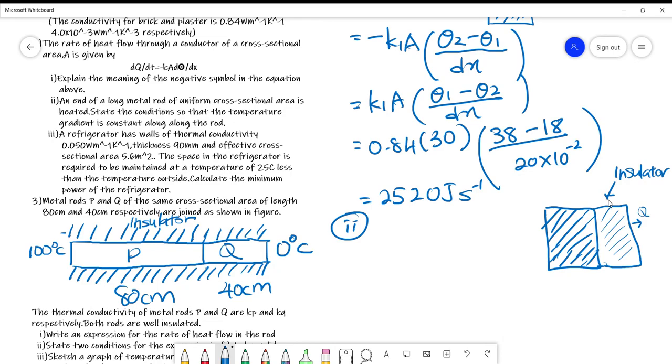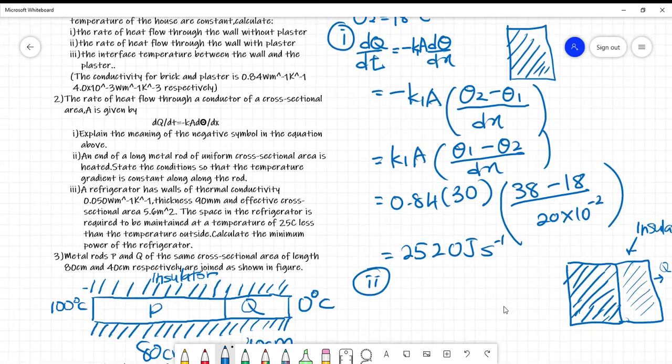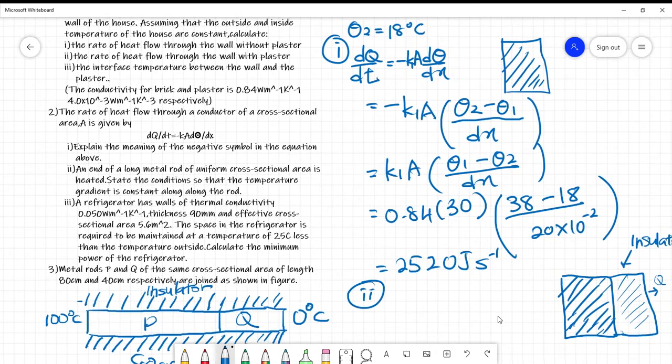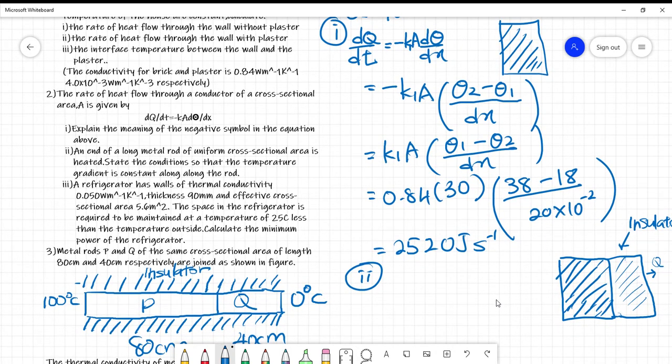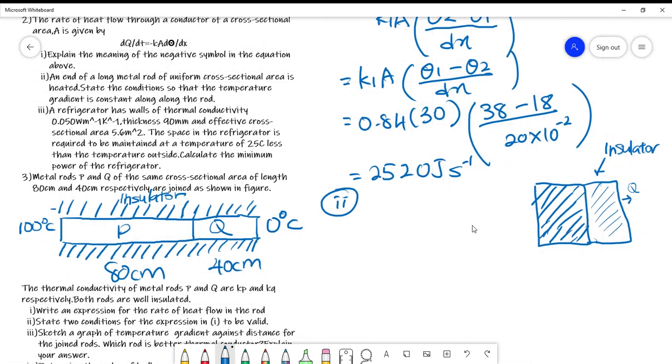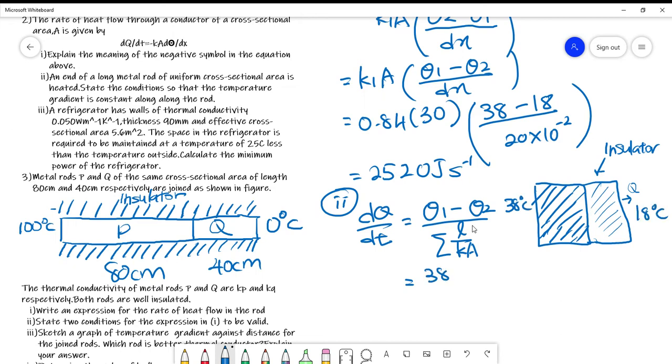Okay, so what we need to do is calculate the rate of heat flow through the wall with the plaster. Basically dQ over dt equals theta 1 minus theta 2 divided by the total resistance of the two materials. So theta 1 is 38 and theta 2 is 18, so 38 minus 18.